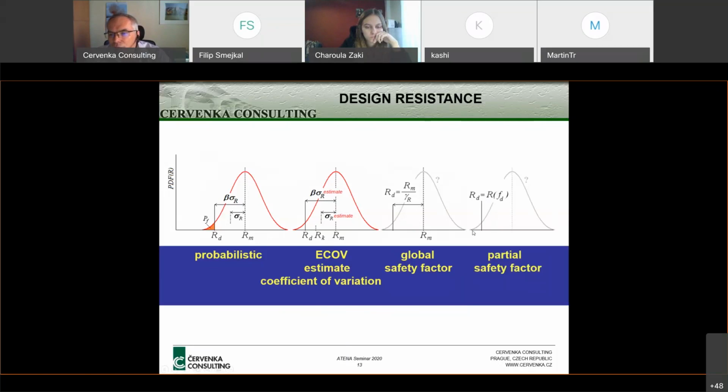So we have no idea about the shape, say, coefficient of variation of strength. So this method is the most simple one, but also the most crude one.